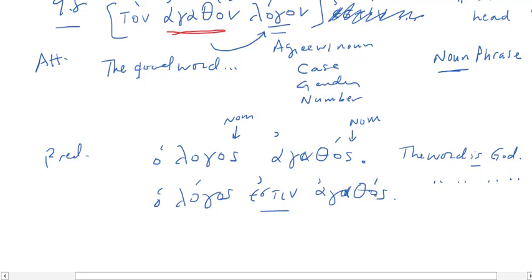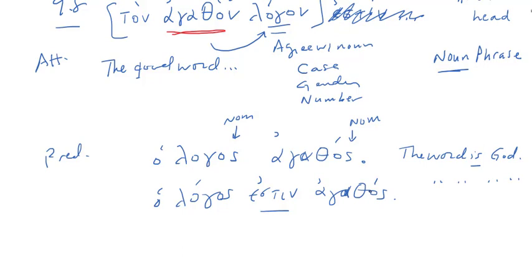Okay? So here's one of the significant differences between an attributive adjective and a predicate adjective. The attributive adjective can be which cases? Any and all. Predicate adjectives can only be in one case. Which case? The nominative case. For now.